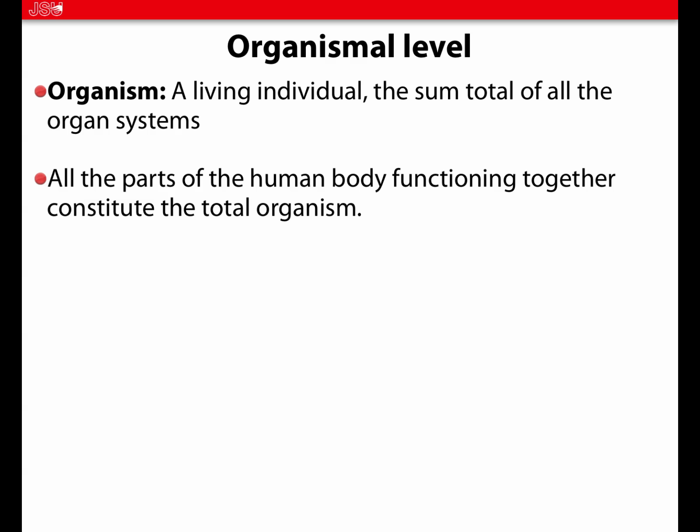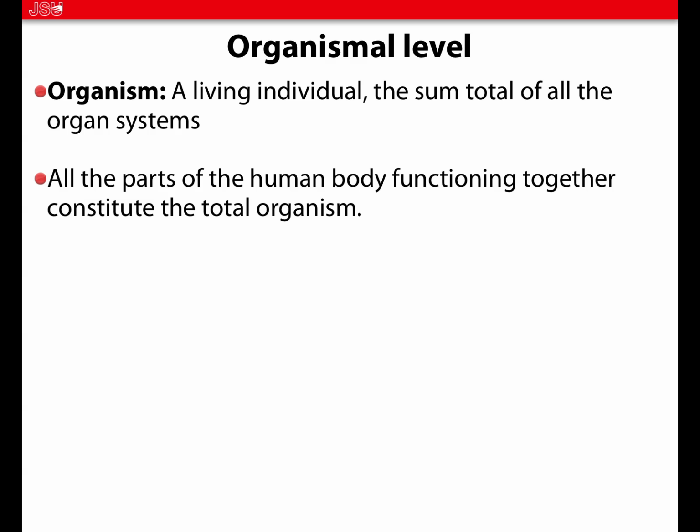The next level is an organism. This is all of your organ systems combined to do a function. So for example, if I took your reproductive system, your digestive system, your respiratory system, we put all these together, we would make an individual person, and that's an organism.